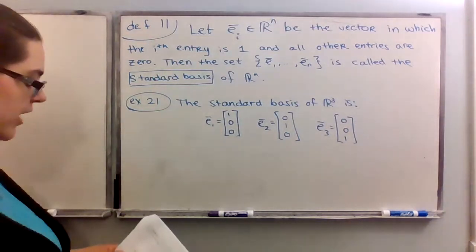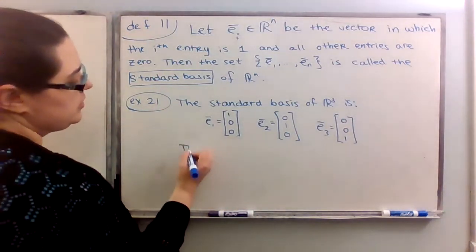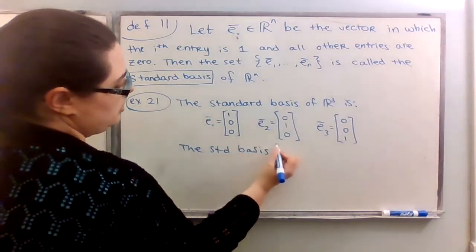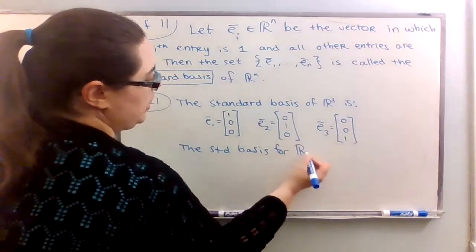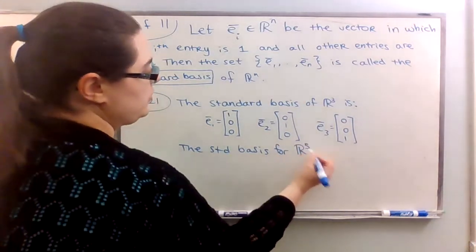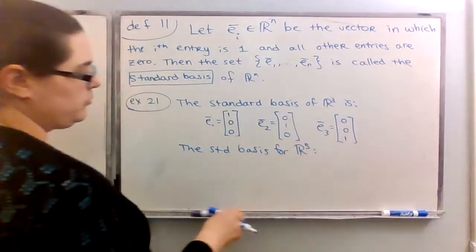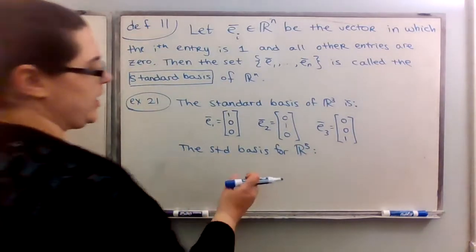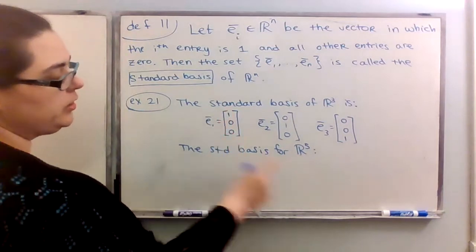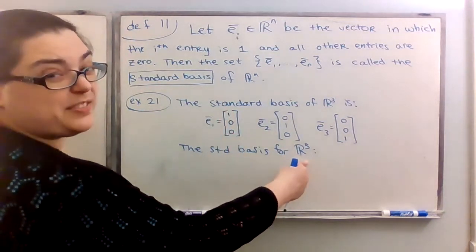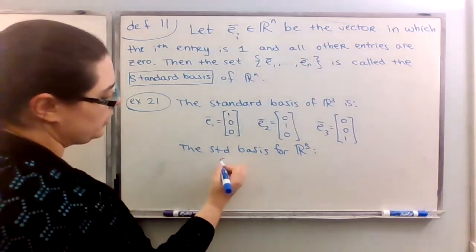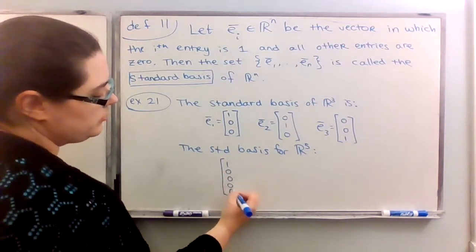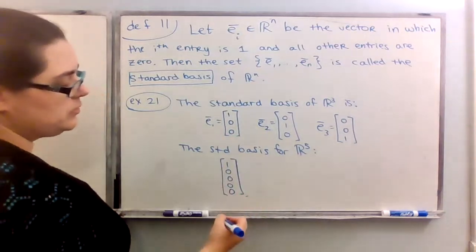If I wanted to look at, say, the standard basis for, I don't know, let's go with R^5. Now, we are going to have not just a 3 by 1, but because we're in R^5, we're going to have 5 by 1. And we'll have 1 followed by 4 zeros.